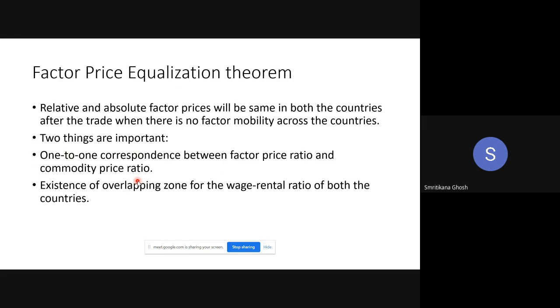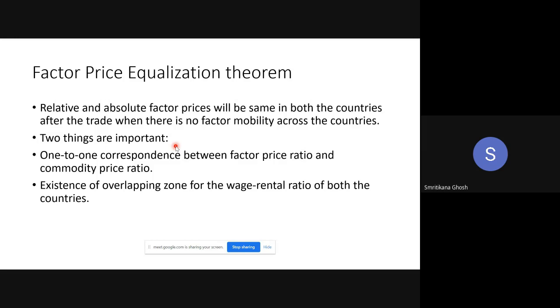The second thing, which we don't know, is the existence of an overlapping zone for the W by R ratio of both countries. What is the overlapping zone? That we don't know yet. But the one-to-one correspondence between factor price and commodity price was done in my last class, because with its help we proved the HO model logically.